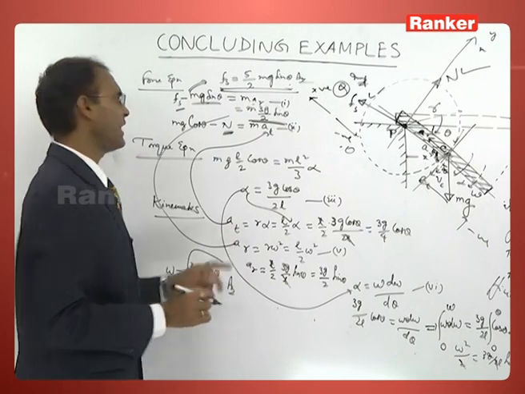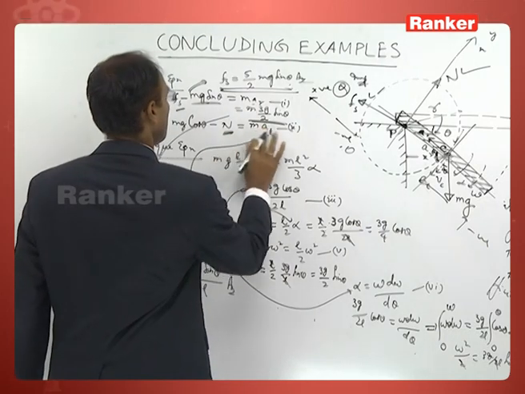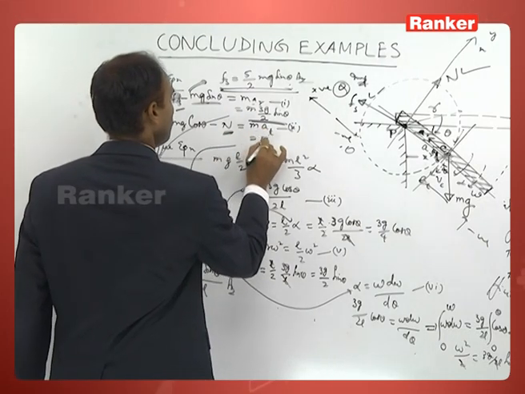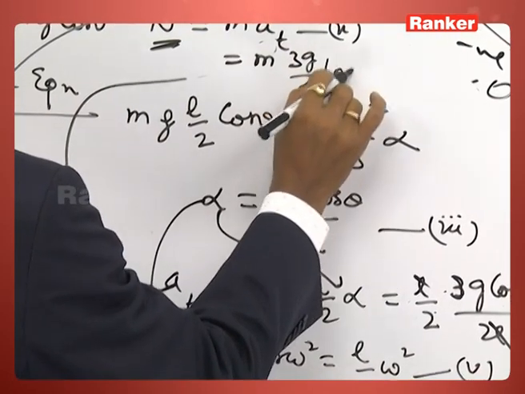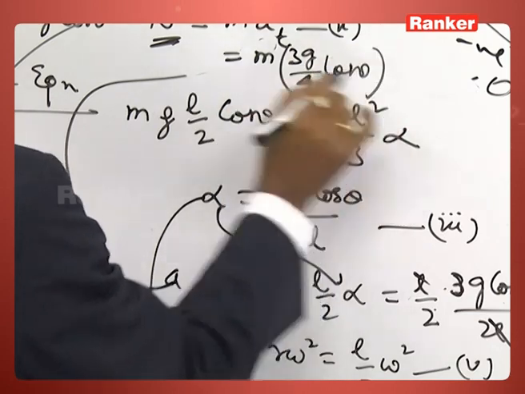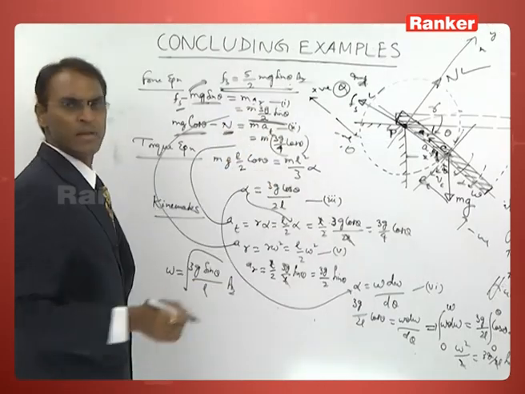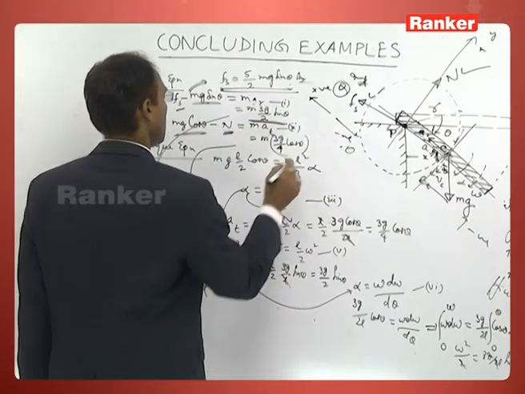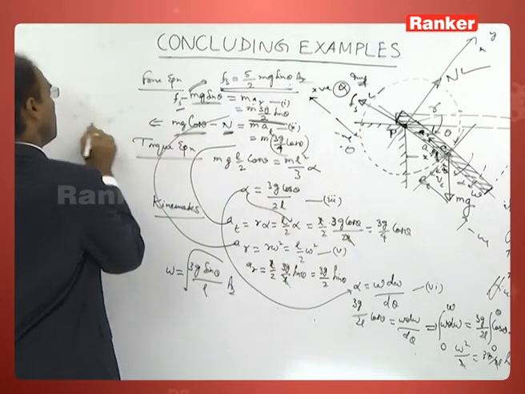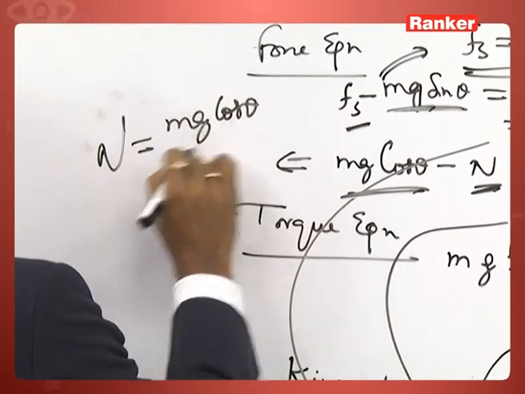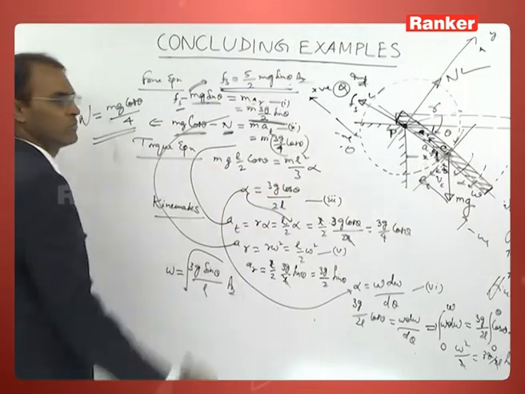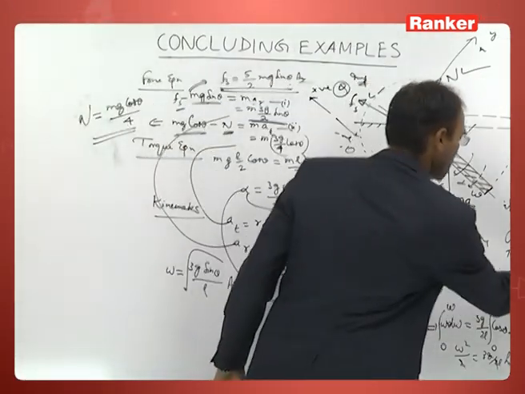Once you get AT, substitute here: m into 3g by 4 cos theta. mg cos theta minus 3mg by 4 cos theta. It will give us the normal reaction, mg cos theta by 4. So you are getting the normal reaction now.